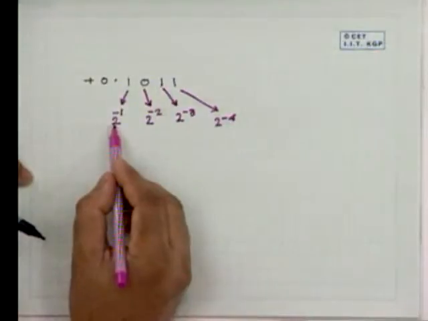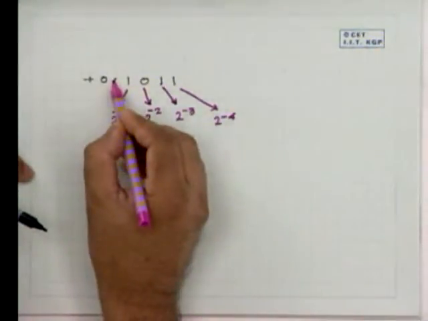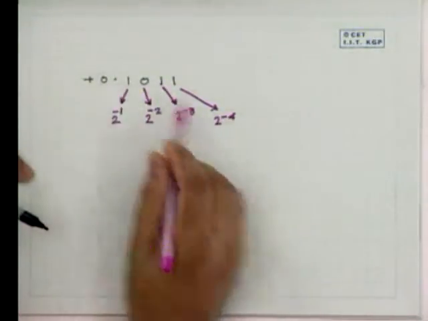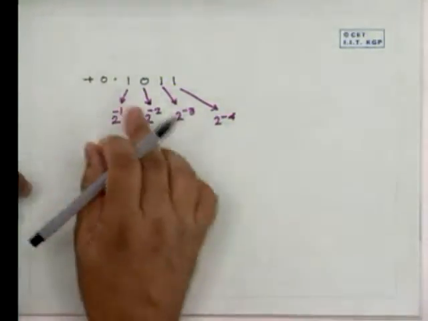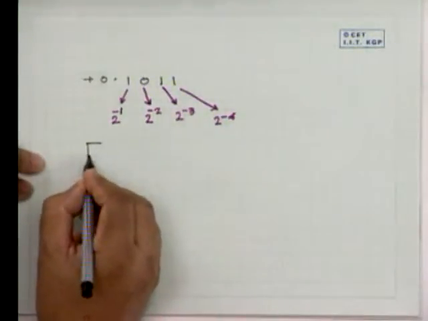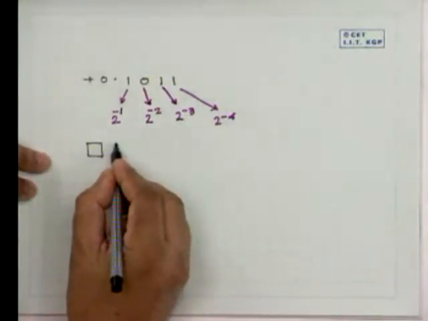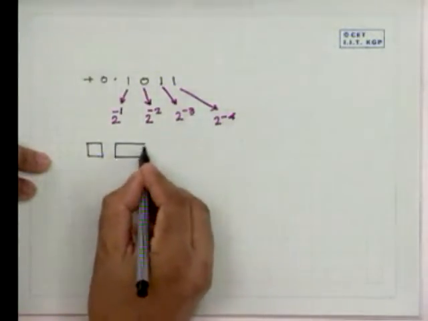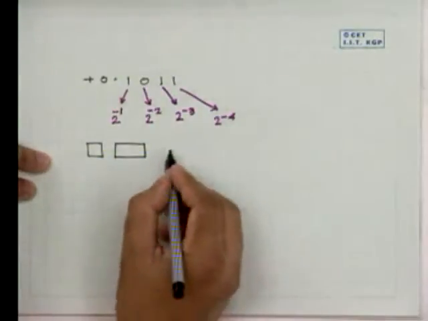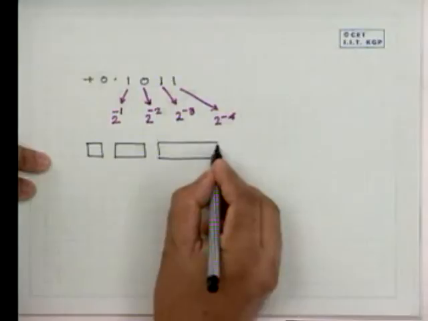Since our radix is 2, the powers after the binary dot are these. This number will be represented this way: we have a position for the sign, a position for its exponent, and a position for the significand or the mantissa.